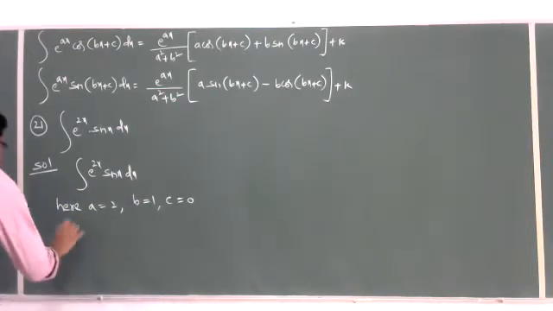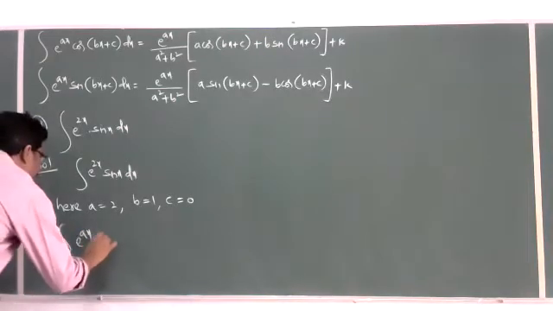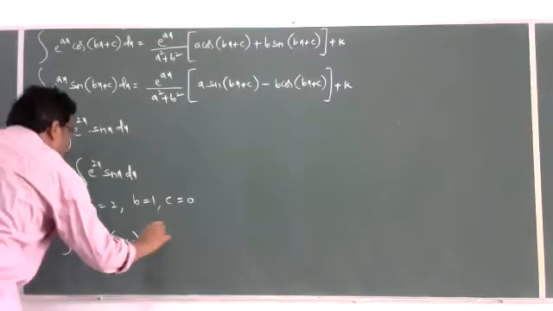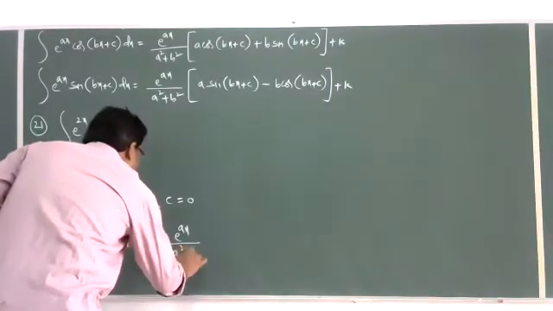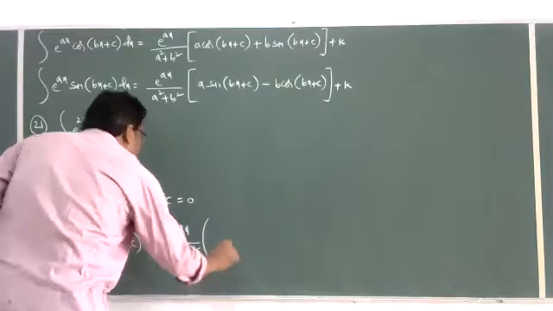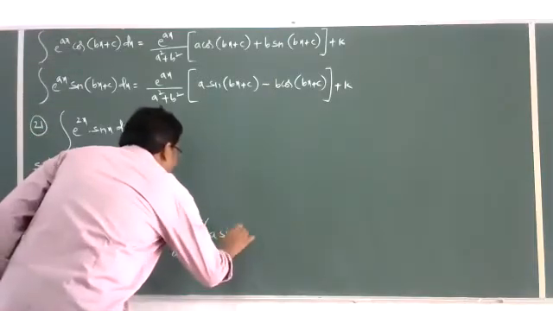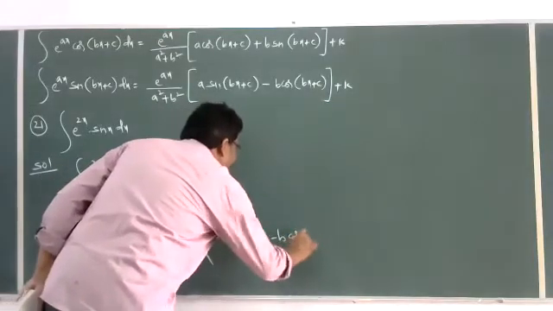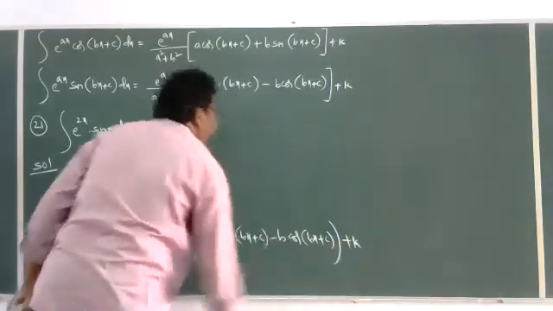Then write the formula: integral e power ax into sin of bx plus c dx is equal to e power ax by a square plus b square into a sin of bx plus c minus b cos of bx plus c plus k.